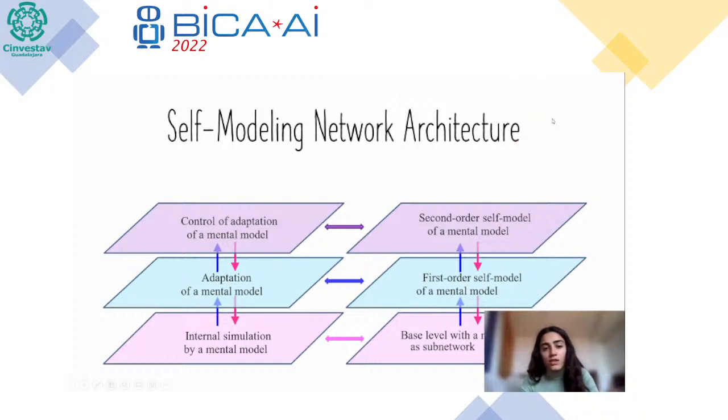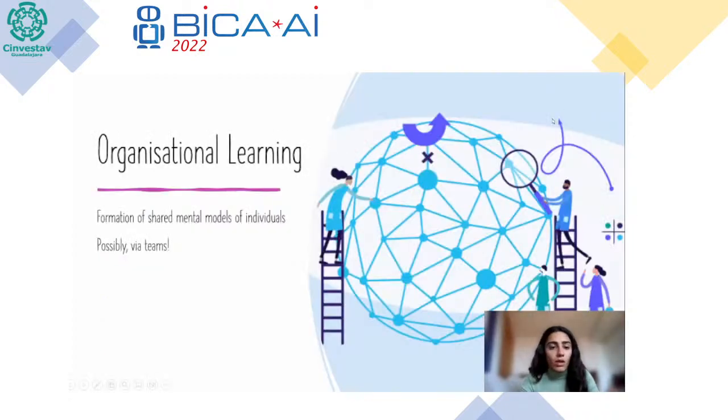But first, we need to understand what organizational learning is. With a brief and topic-oriented definition, it's the formation of shared mental models of individuals. Organizations consist of people using their mental models to complete personal or professional tasks.